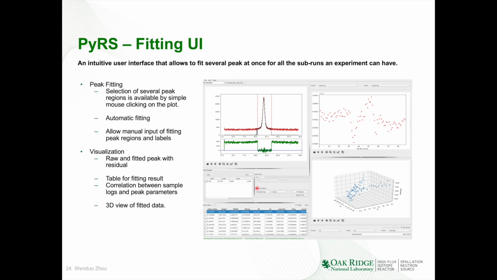A table contains all the fitting results of all the peaks. A 2D plot allows users to plot any two quantities, including peak parameters and metadata. When we plot these parameters against each other, we can check their correlation. Three-dimensional view of fitted data with metadata as one more dimension for the scientist to explore such kind of correlation.